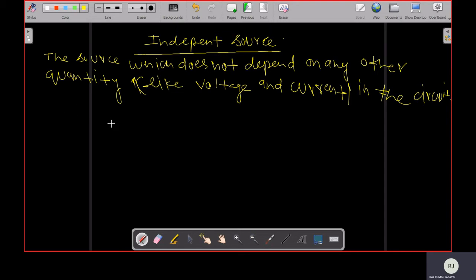Okay guys, then how could you say that this is our voltage source?